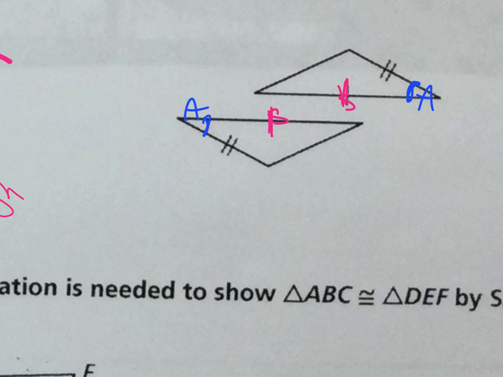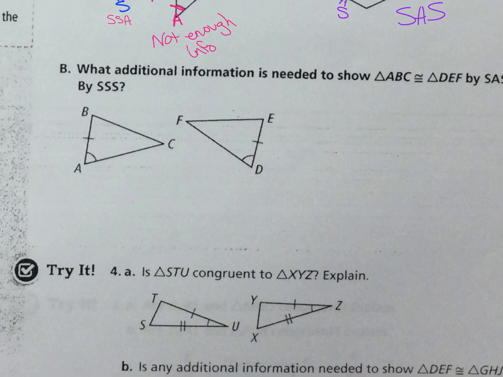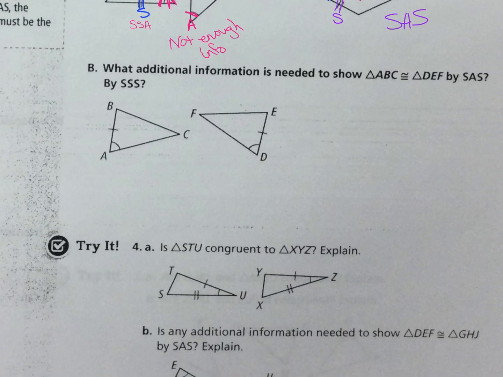And then I have a side. So side, angle, side. All right, so if we look at this, it says, what additional information is needed to show that these two triangles are congruent by side, angle, side? Well, I have a side.